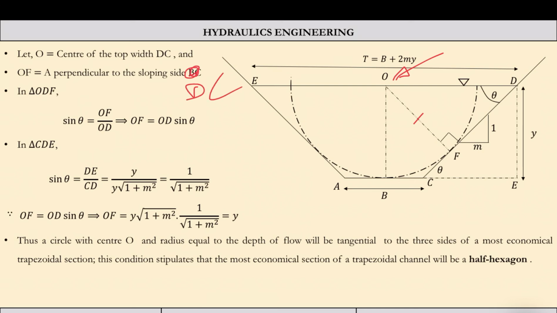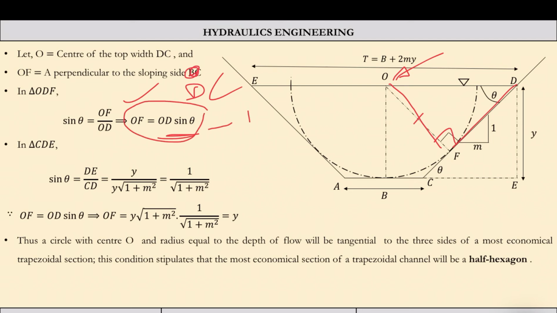Now in triangle ODF, this angle is 90 and this is theta. So sin theta will be what? Perpendicular upon hypotenuse. The perpendicular is OF and the hypotenuse is OD. So OF will become OD into sin theta.